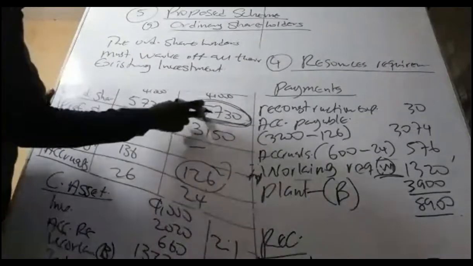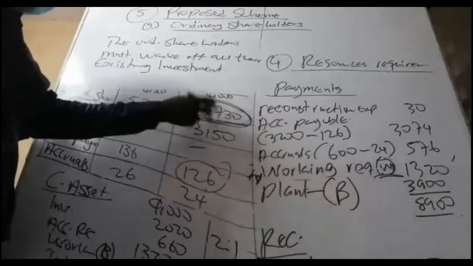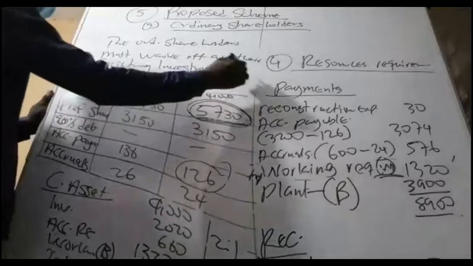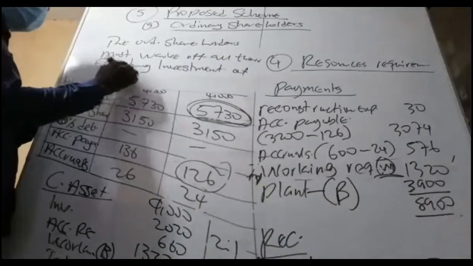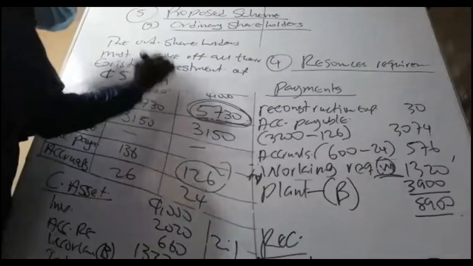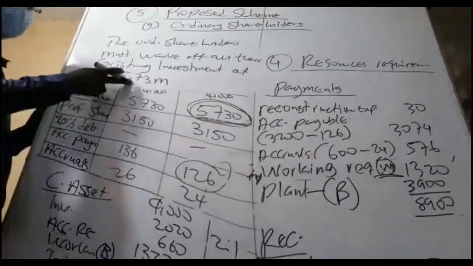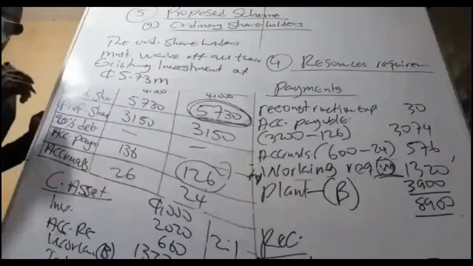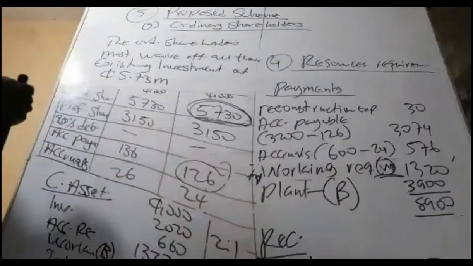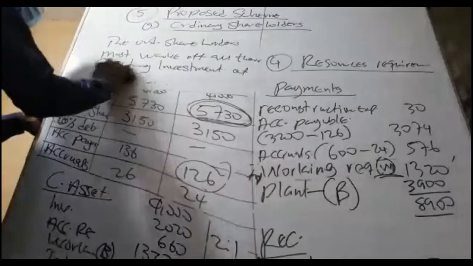Because I'm going to say 573. No, this one is million. If you want to write it, you can go ahead and say existing investment of 5.73 million. If you write 5,073, you are wrong. You are submitting yourself, so avoid most of the figures.